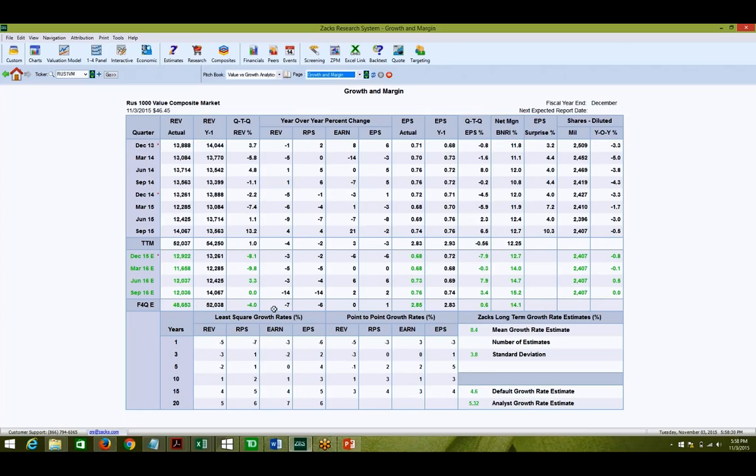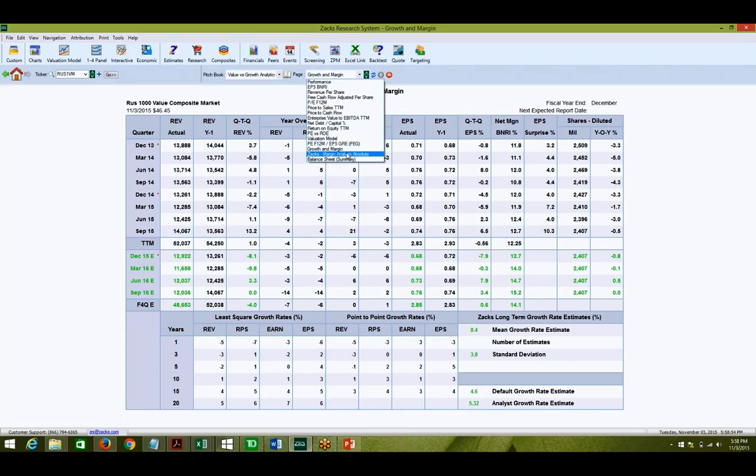This disconnect between revenue and earnings per share growth seems to be driven not only by corporate share buybacks, but we can also see here projections of improved net margin performance, picking up from 12.25% that we actually saw over the past 4 quarters, all the way up to 14.1%.